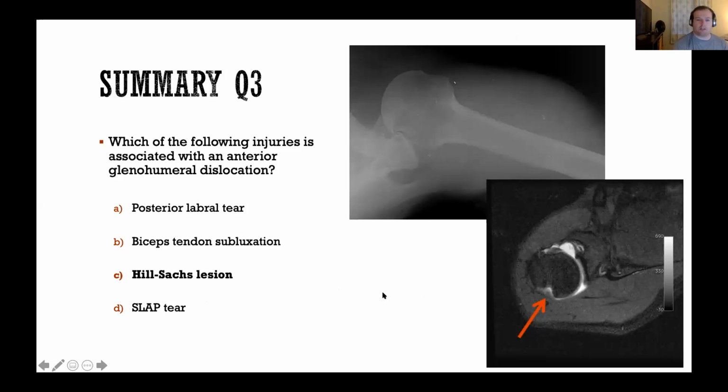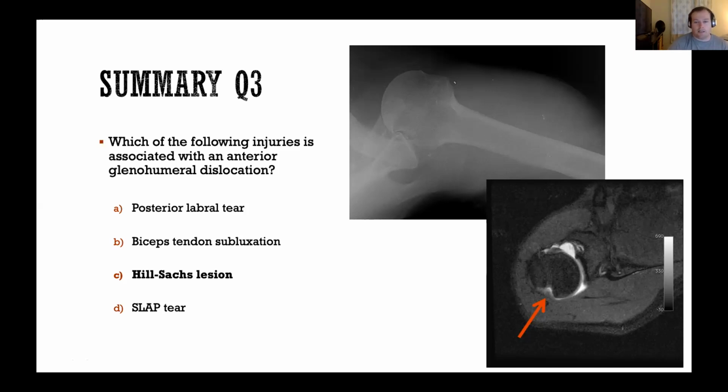Again, this is the same image as shown earlier of the anterior dislocation with the humerus translated anteriorly on the glenoid. You have this defect posteriorly in the humerus that you'll note on a CT scan. Again, that's the posterior defect. So it's also important, when you're looking at this image, to make sure that you don't get tricked into thinking that's the bicipital groove posteriorly, but that is actually a defect in the humeral head caused by a dislocation.